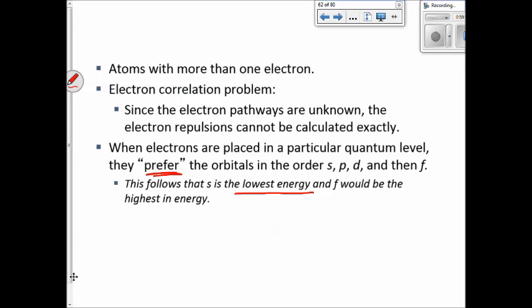But we know this is the case: s's will fill before p's, before d's, and before f's. So that is the particular order that they're going to follow when they're filling in their possible energy levels, sublevels, and orbitals. They can't be calculated exactly. We know this because of uncertainty and all of that good stuff.